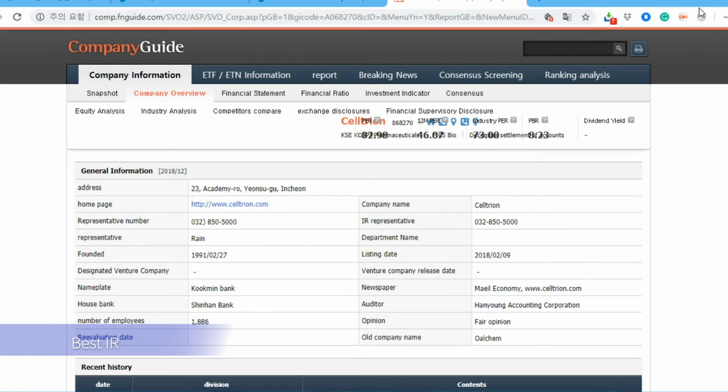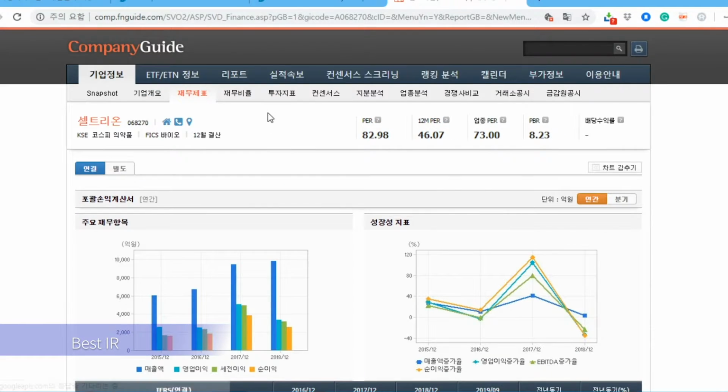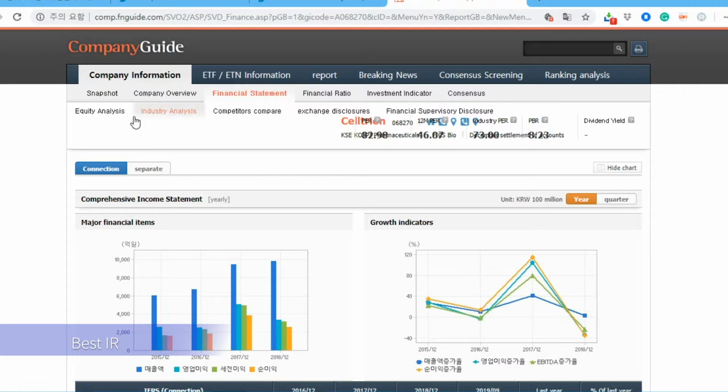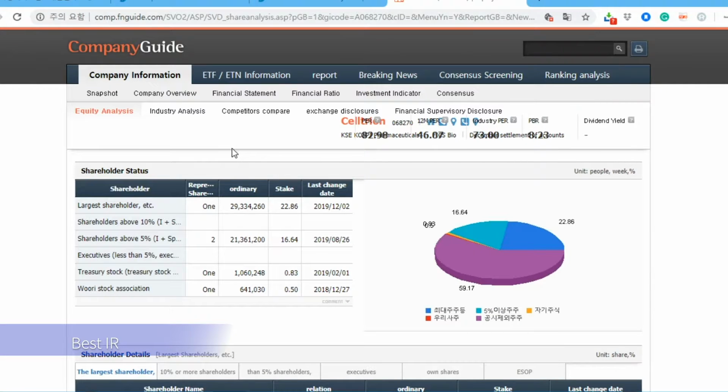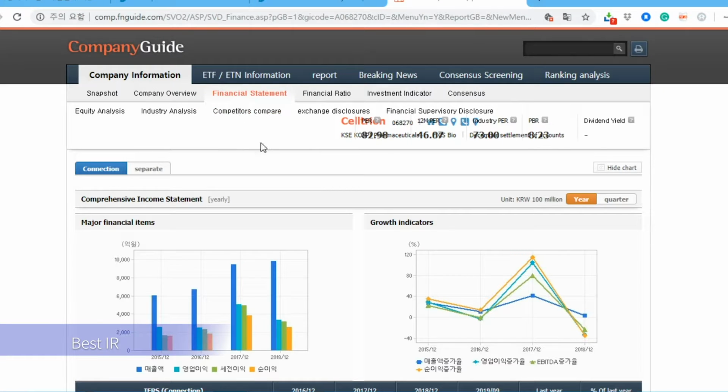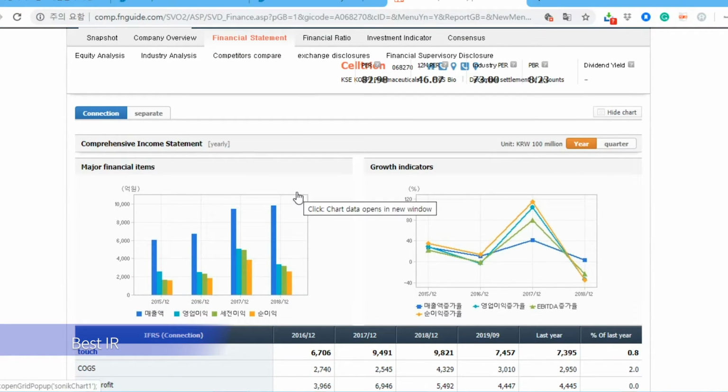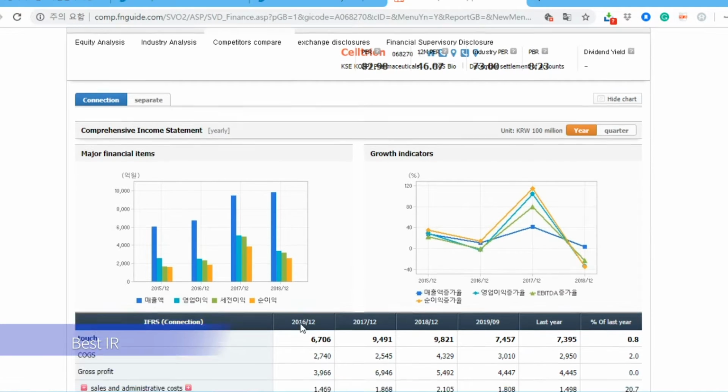And here, another very useful piece of information is obviously the financial statements, equity analysis, financial statement. Anyway, the consolidated and separate. If it's separate, it's consolidated. So obviously a wrong translation here.